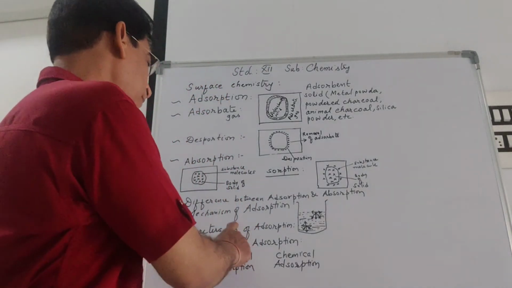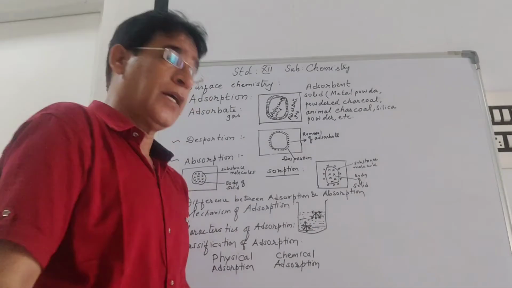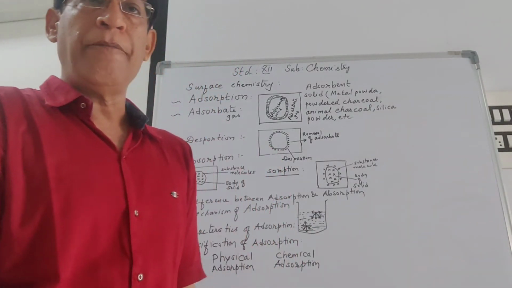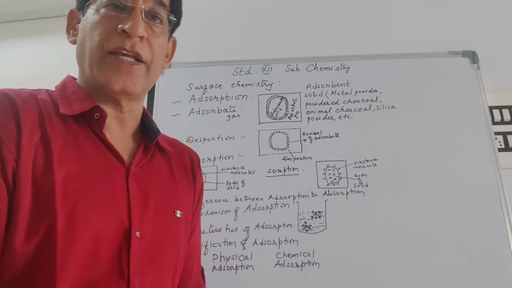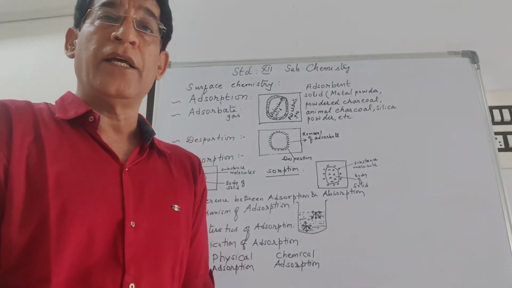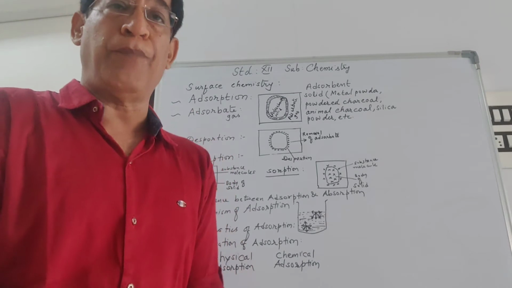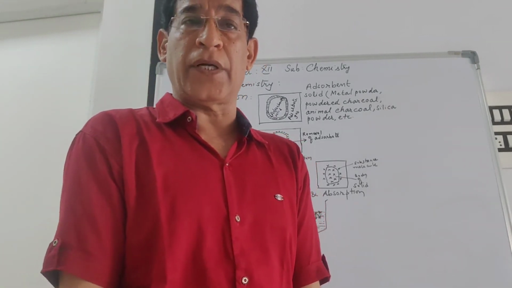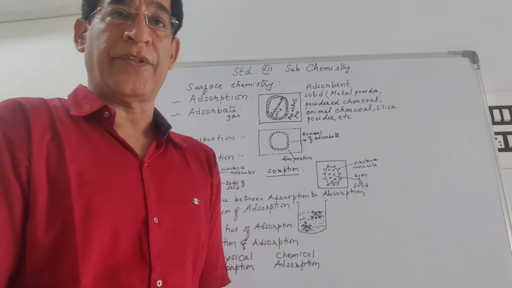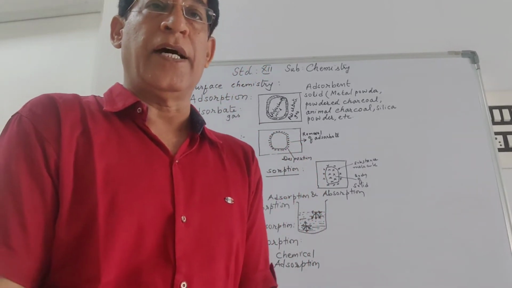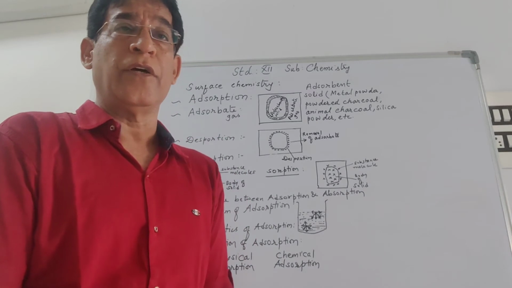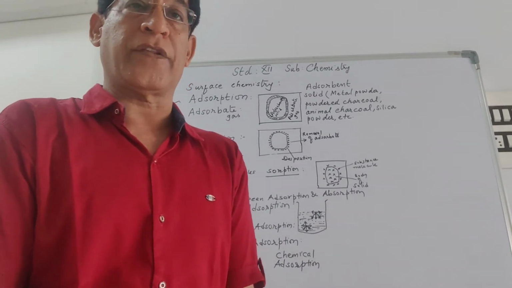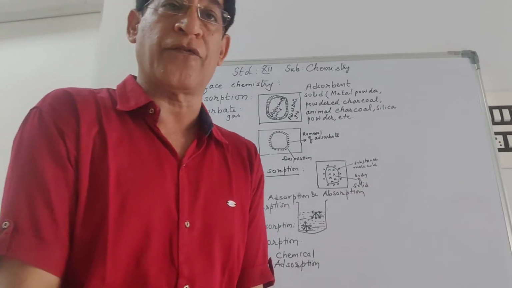Now, mechanism of adsorption. Only the surface atoms of an adsorbent play an active role in adsorption. These atoms possess unbalanced forces of various types, van der Waals forces and chemical bond forces.